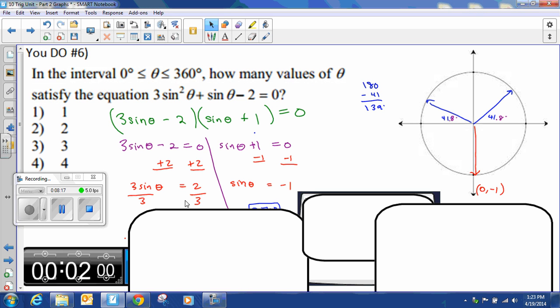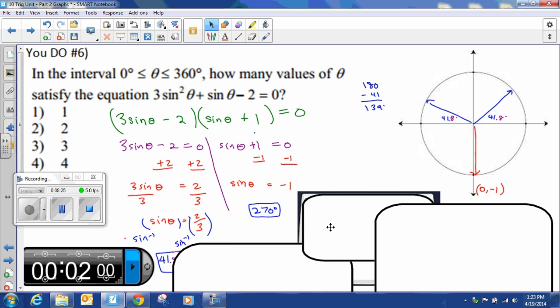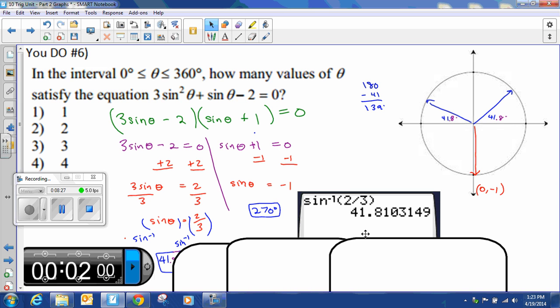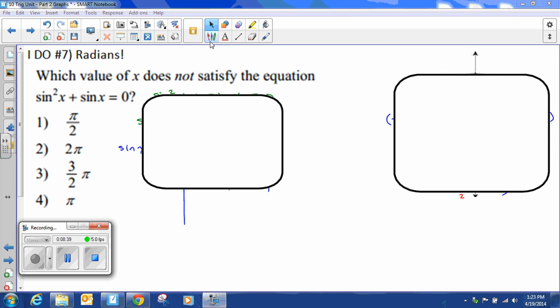Well, this is not one of the perfect angles on the unit circle, so we have to use inverse sine. We end up with 41.8 degrees. Don't forget about the reference angle. And we have 1, 2, 3 answers. Don't forget about radians.